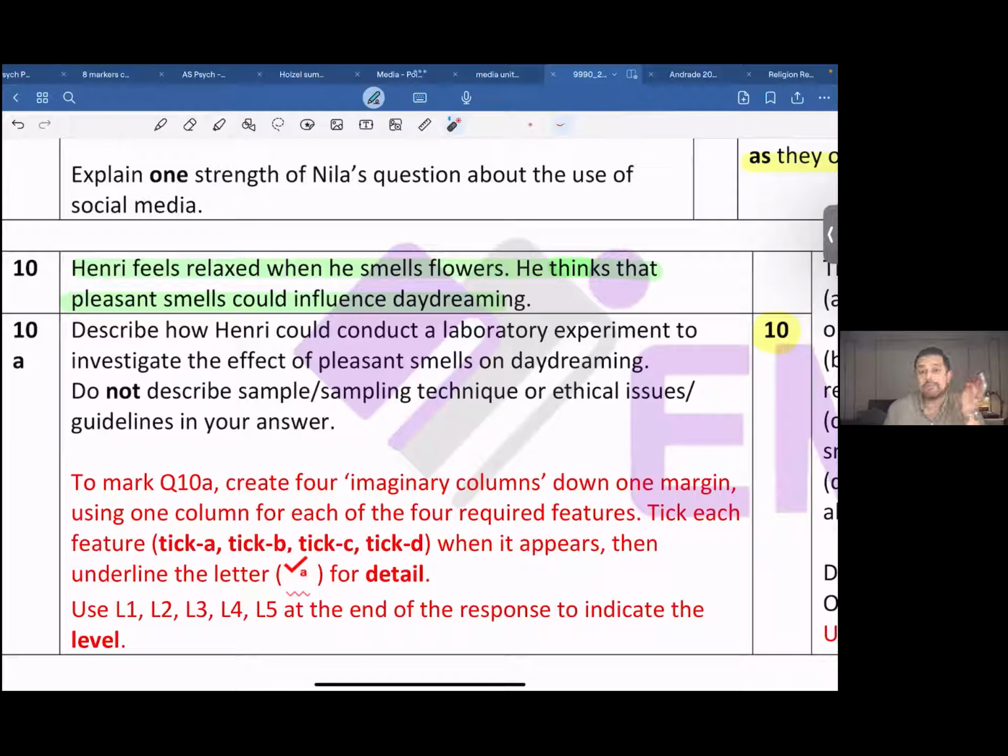For all seven of them, you should have at least 3 to 4 characteristics written for each, right? For instance, I'll just give you an example of an experiment over here. In fact, this question number 10 is about experiments too. Remember what I'm saying: there are 7 research methods that you have to keep in mind.